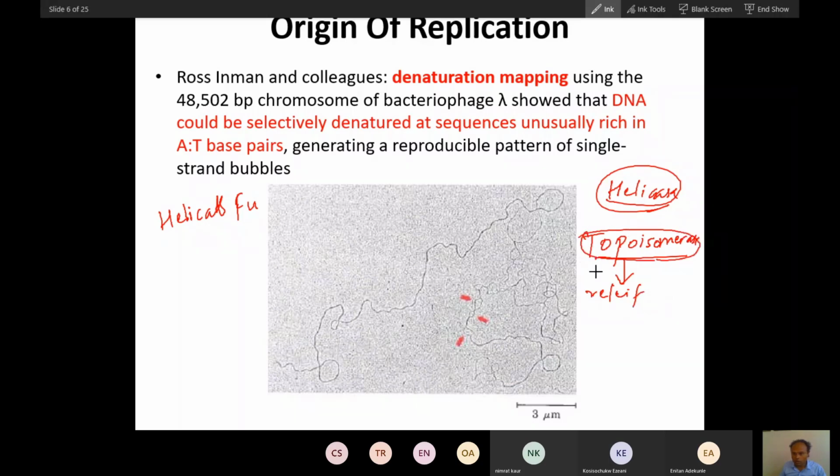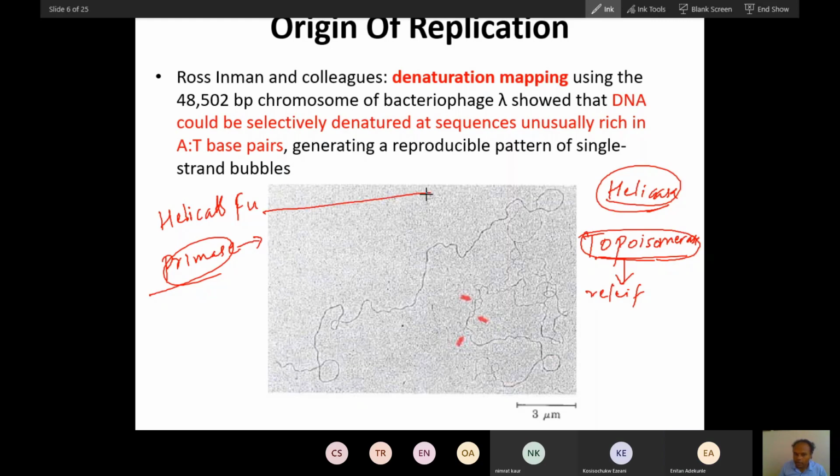Topoisomerase, remember that. What is the role of primase? Primase will cause the strand to be exposed. Which type of strand is synthesized, a DNA strand or an RNA strand? Not DNA.